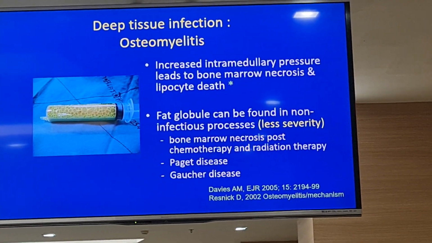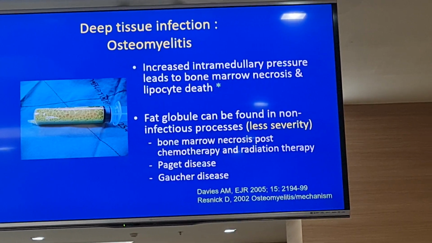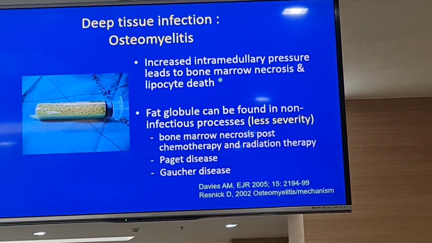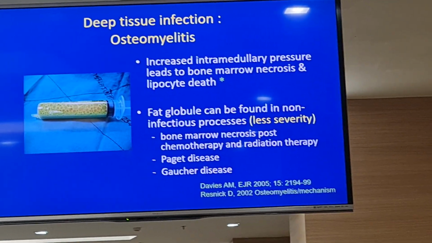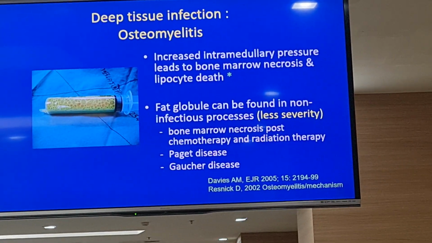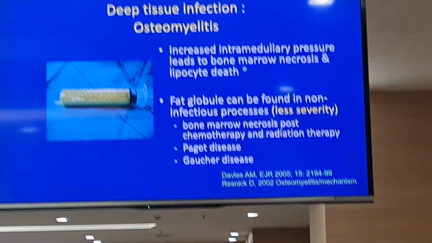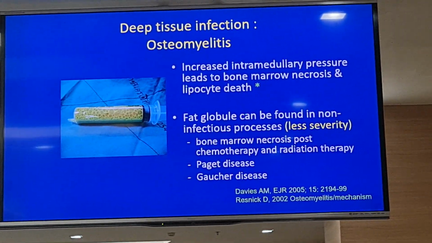It can represent other conditions, but very rarely, such as bone marrow necrosis related to chemotherapy or radiation therapy, and something like Gaucher disease or Paget disease. Very few cases have been reported, but most of the time it reflects osteomyelitis.